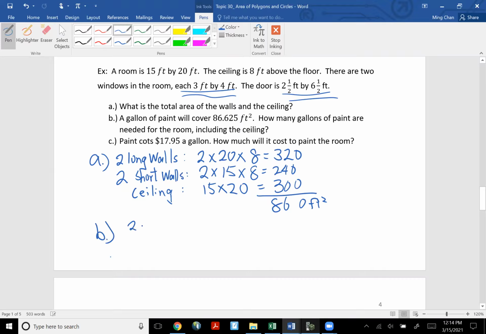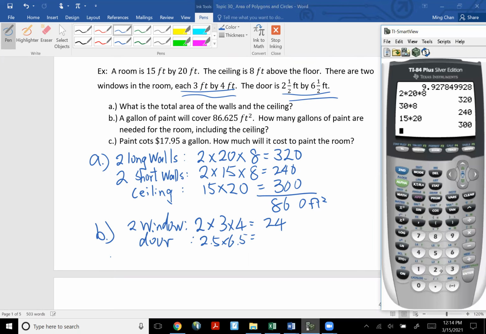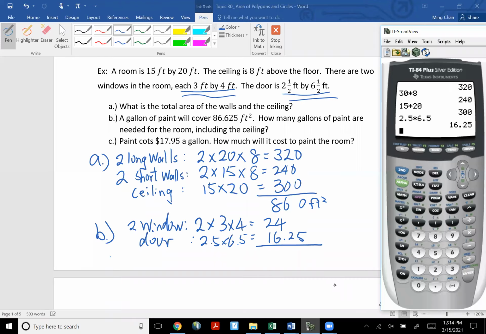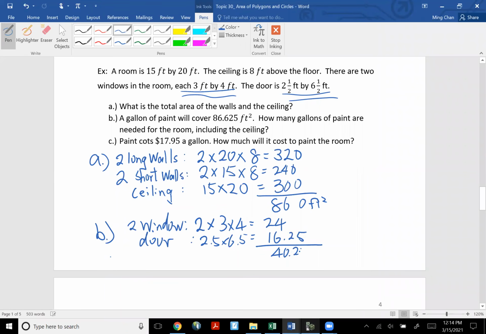So two windows, each one is 3 foot by 4 foot. One door is 2.5 by 6.5. So that'll be 16.25. So altogether, there are 40.25 square feet that I do not need to paint.